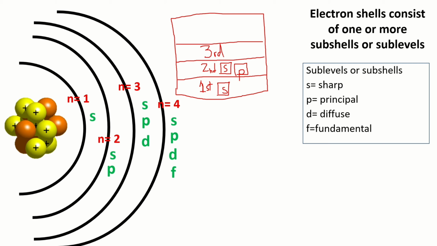And the rooms are S, we have P, and D sublevel. And the same with the fourth floor. This is our fourth energy level. And we have four rooms. The S, the P, D, and F.